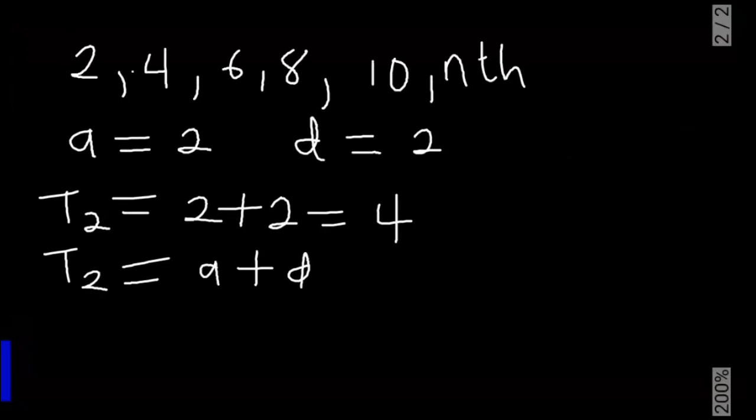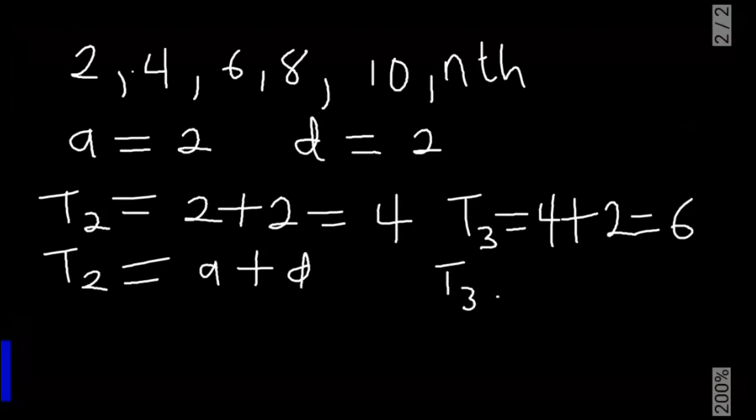Let's try the third term. The third term is equal to the second term, which is 4, plus the common difference. This is 6. So from here we can see that the third term is equal to the second term plus the common difference.